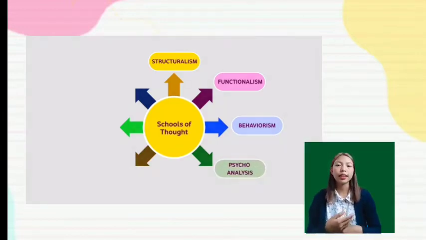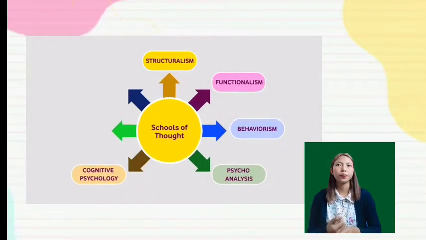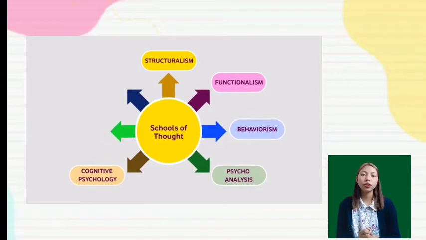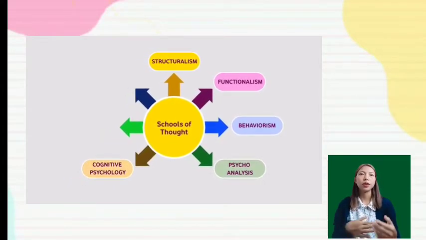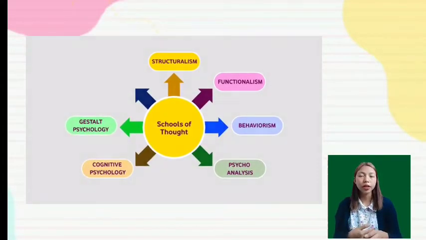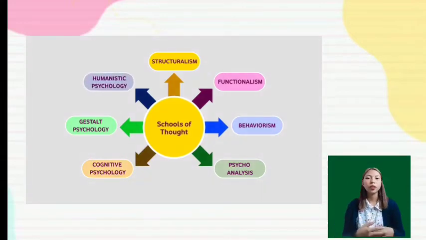And the third one is behaviorism, which emphasizes our learning of behavior. There are also other schools of thought: psychoanalysis, cognitive psychology, gestalt psychology, and lastly, humanistic psychology, which will be tackled in the next report. Out of these schools of thought, today I will discuss behaviorism.